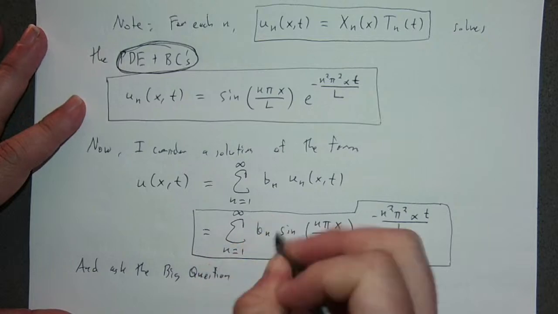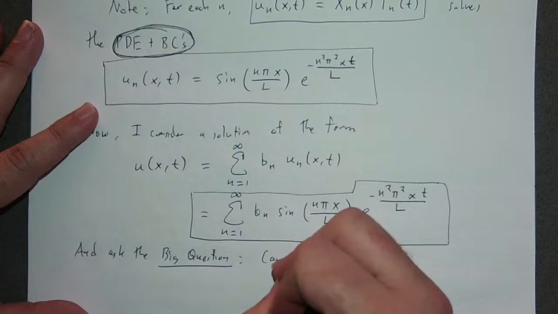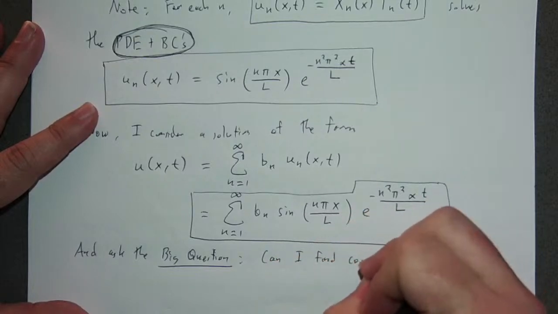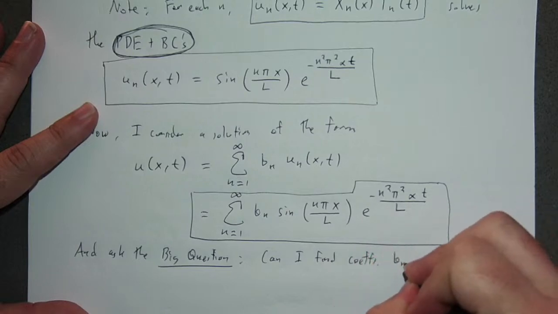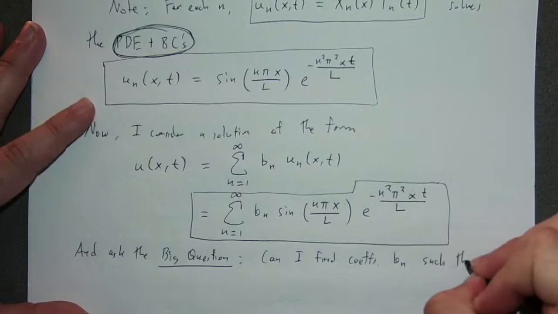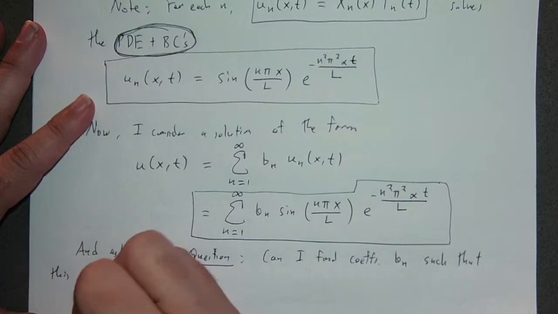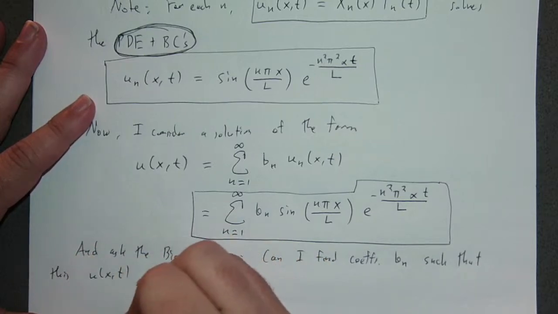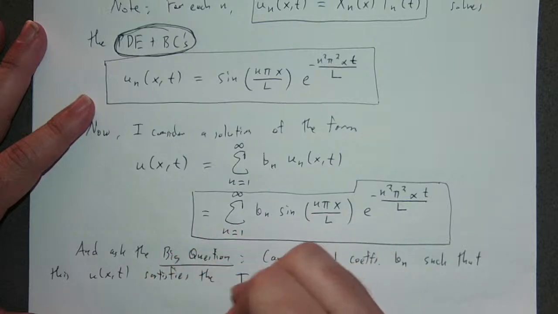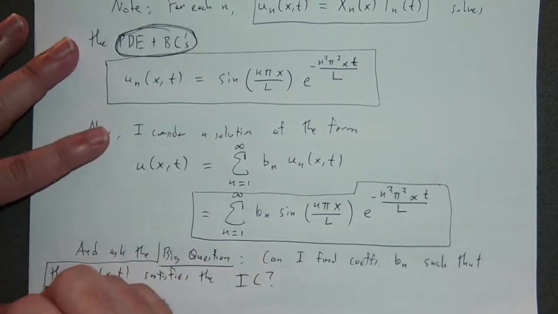Can I find coefficients b sub n, right, such that this particular u of x, t in this form satisfies the initial condition? So this is a big question.